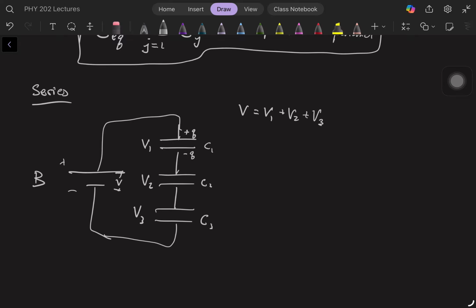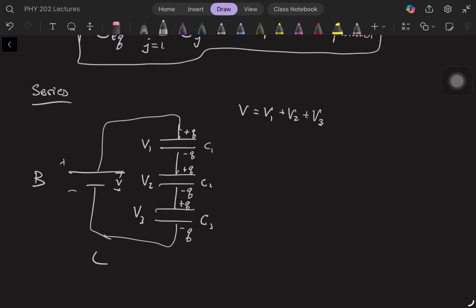If you've just pulled all the charge from below in the circuit, you took a bunch of negative charge out, and so that's going to leave you with plus Q on this plate, which is then going to cause negative Q to get pulled up, which will leave us with plus Q, which will pull up a negative Q. And so all of these plates have the same magnitude of charge, whether it be plus or minus Q.